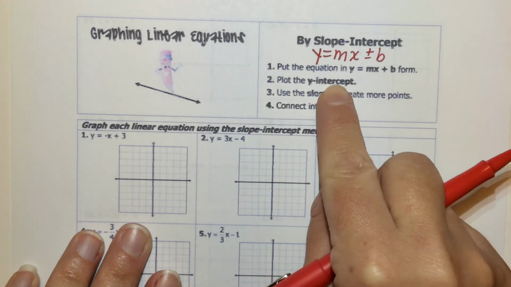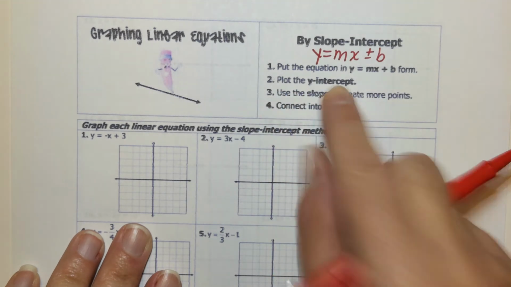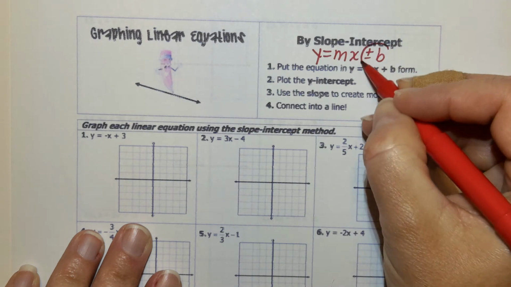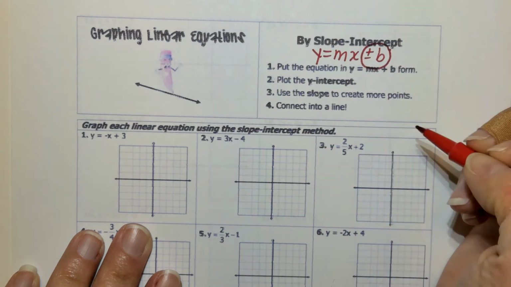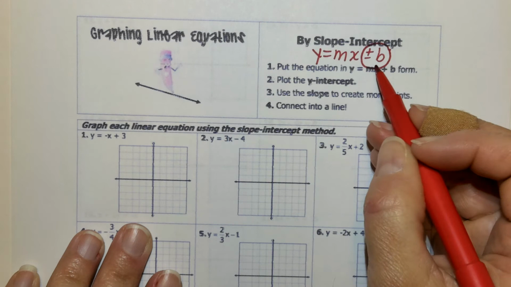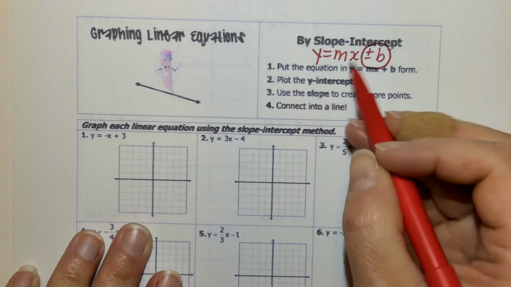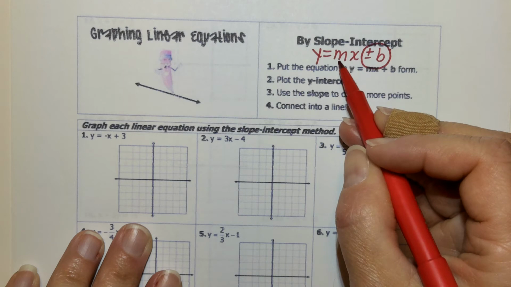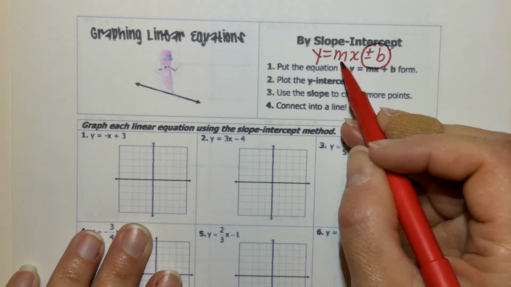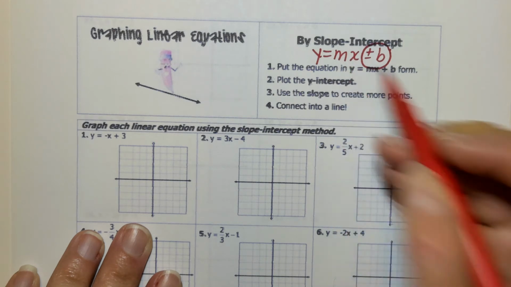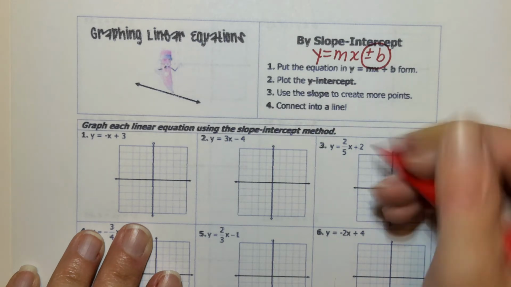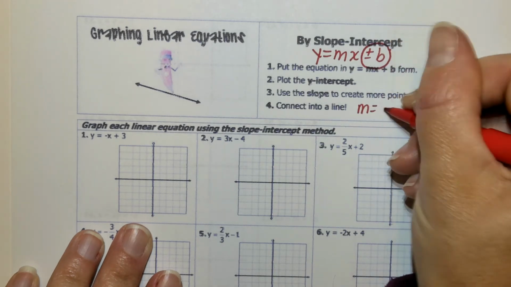So, step 2 says, plot the y-intercept. Yes. This number that's sitting out here is actually your starting point. From there, you use the slope to create more points. Then that means you go here and you look at the number that's stuck onto the x, and that becomes what I call your driving directions.